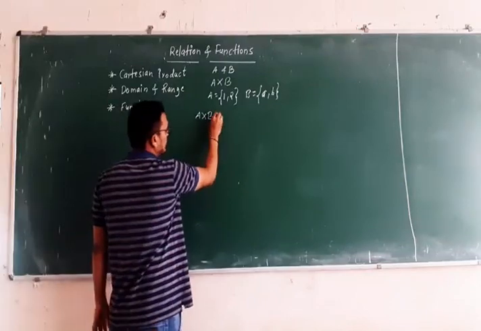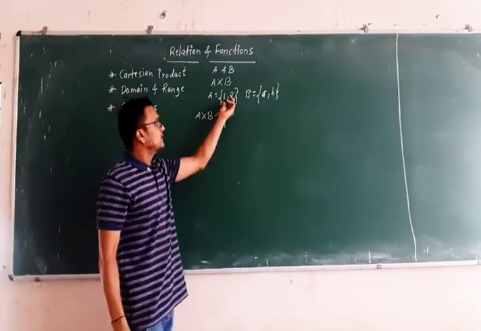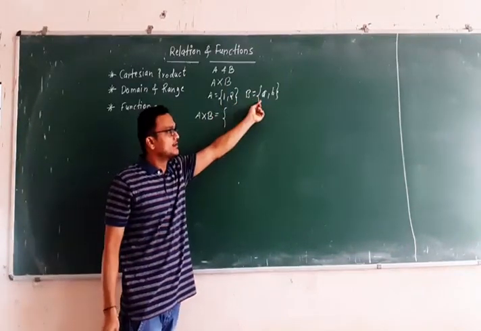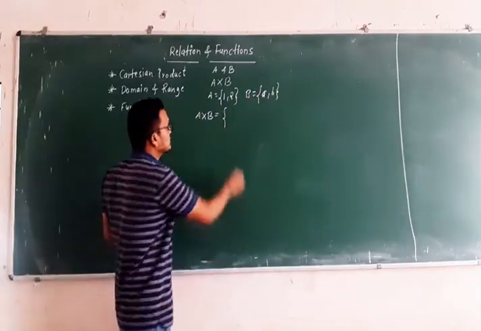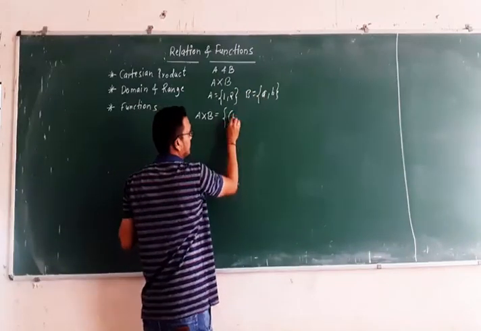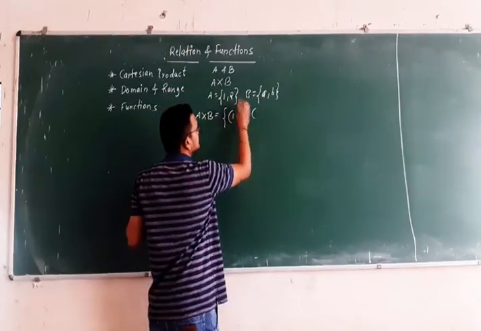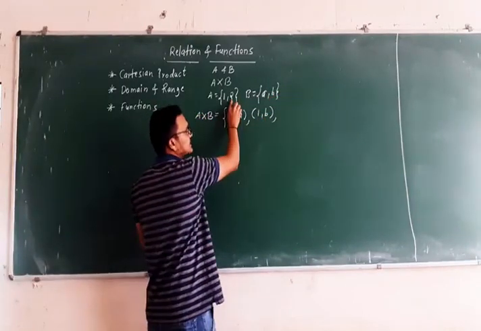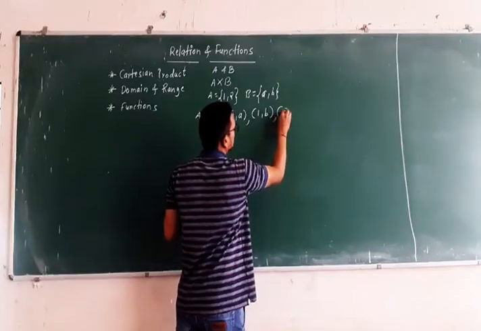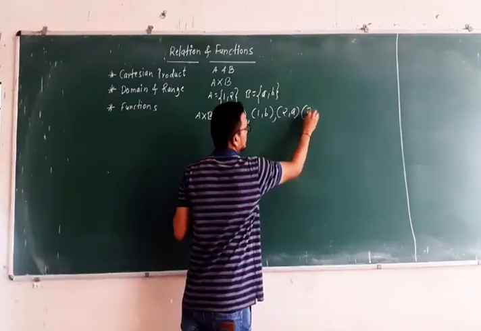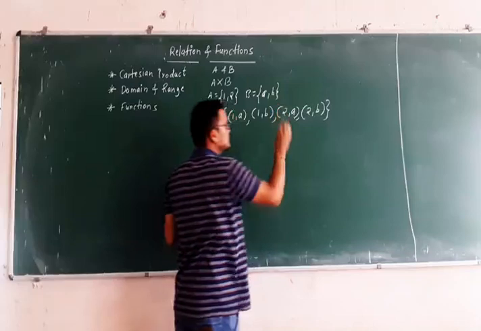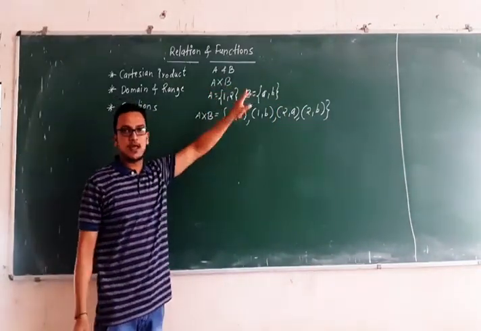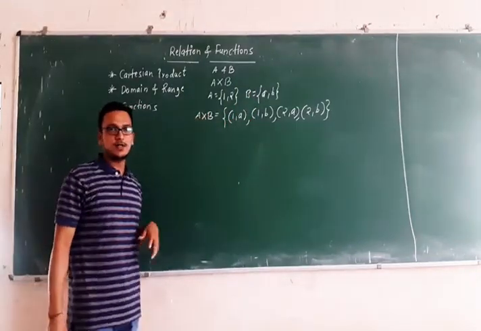From the first set, take the first element and pair it with the elements of the other set. So 1A is your first ordered pair, next 1B is your second ordered pair. Next take the second element and make the pairing, 2A and 2B. So this is the Cartesian product of the sets A and B. This you learned in the first year.